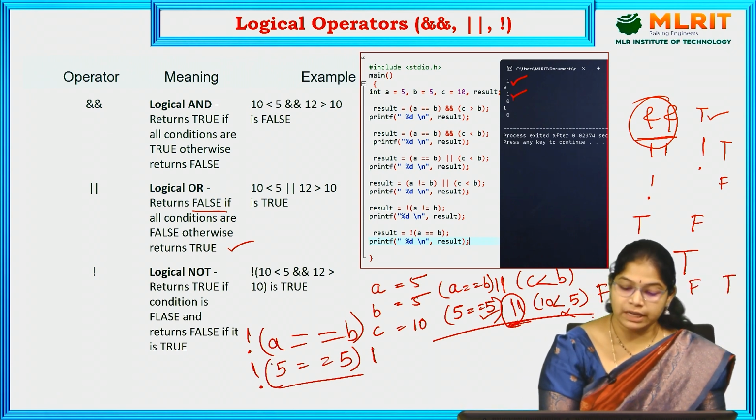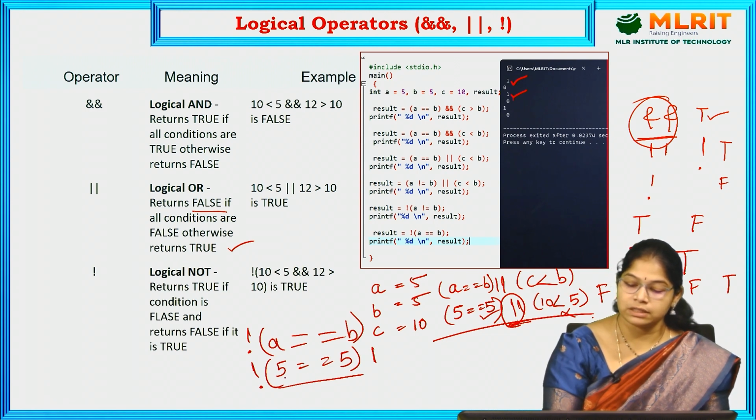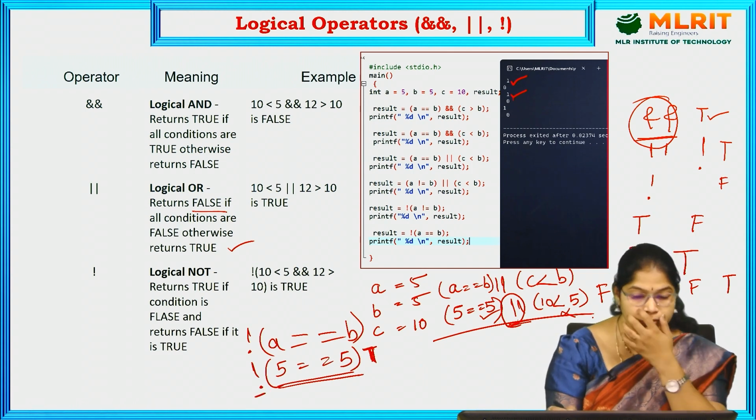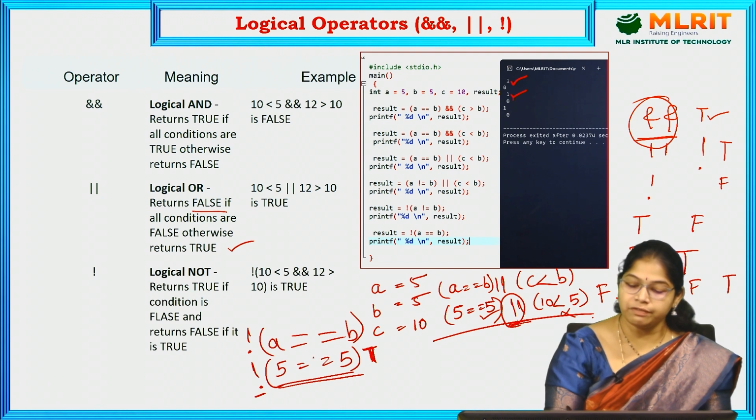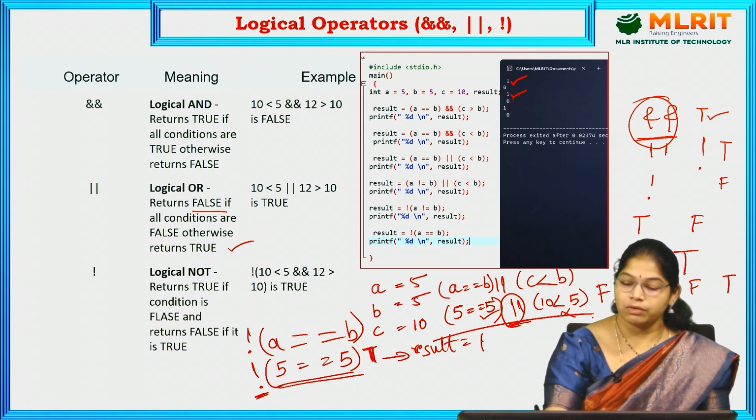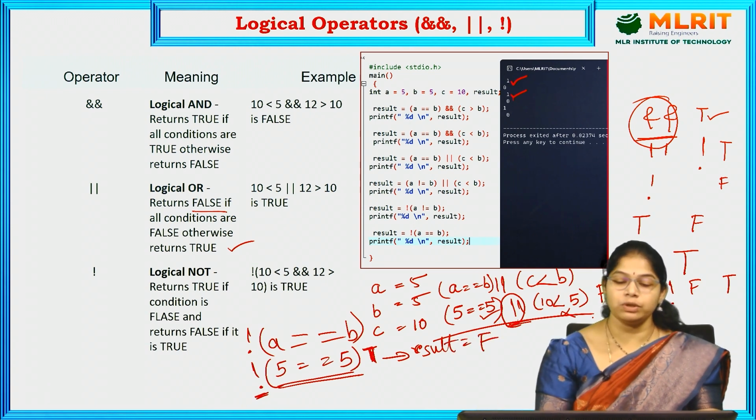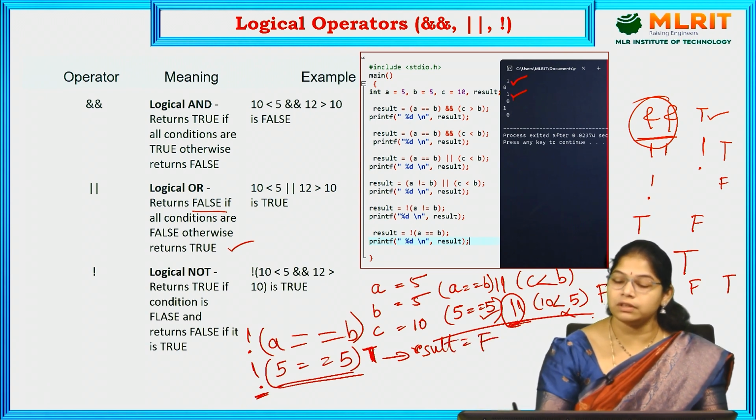So if we consider here 5 equal to 5, yes, it is true. But here I am using not before that expression, a logical not. So if the expression is true, the result of the logical not is false. Because if it is true, it gives the value as false. If it is false, the result is true.